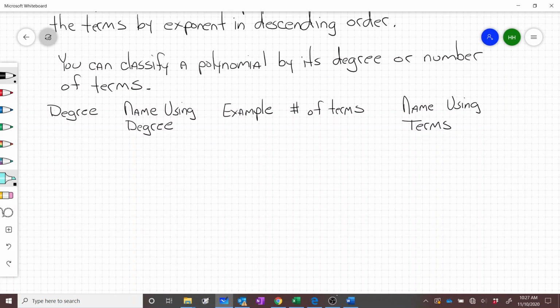Alright, so a polynomial with a degree of 0. If you name it by its degree, it would be called a constant. An example of a constant would just be a regular old number. The number of terms would be 1. And the name using terms would be monomial.